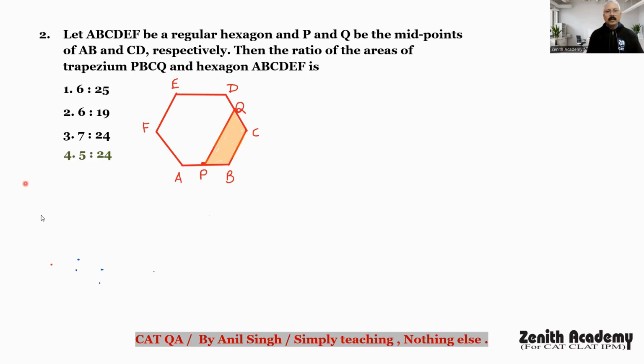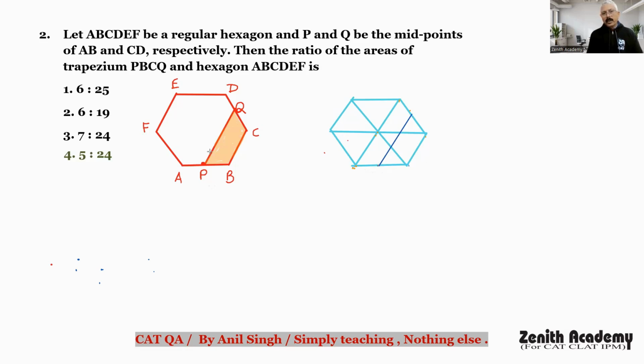Okay, so as we know, in a regular hexagon, all the sides are equal to each other. And inside a regular hexagon, there are 6 equilateral triangles, like 1, 2, 3, 4, 5, 6. These are 6 equilateral triangles. Here in this question, the midpoints of these two sides of the regular hexagon are connected to each other.